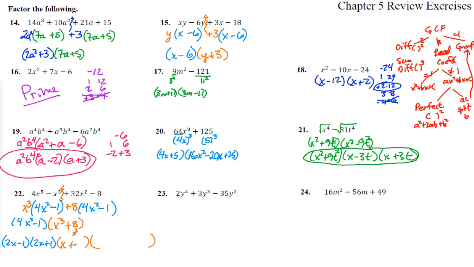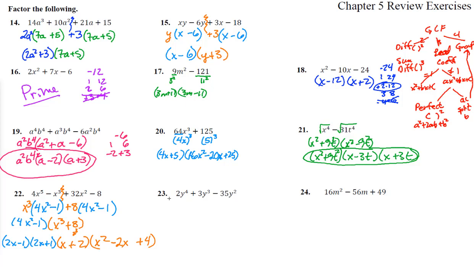So it'd be x plus 2, and then x squared and a plus 4. And then the magic middle term is a minus 2x, and it causes everything to cancel in the middle. This one broke up into 1, 2, 3, 4 different terms. Wow. All right, number 23.